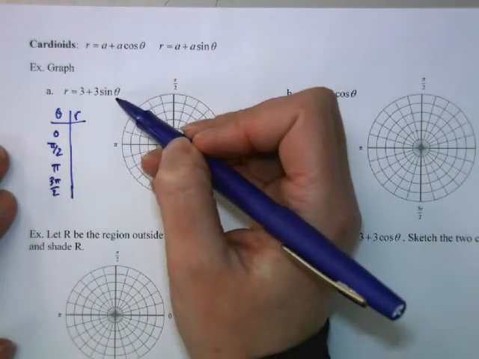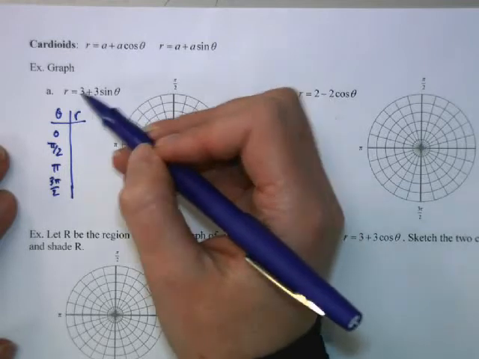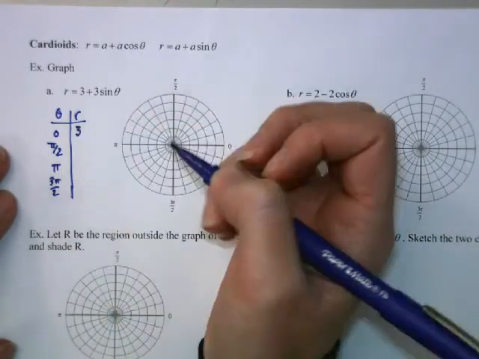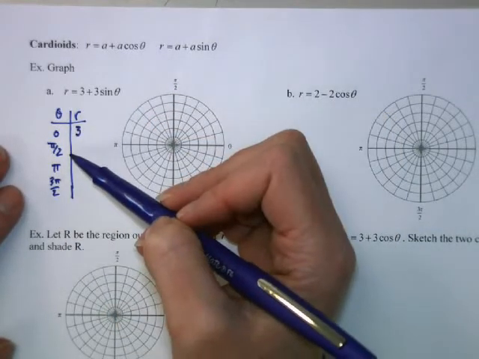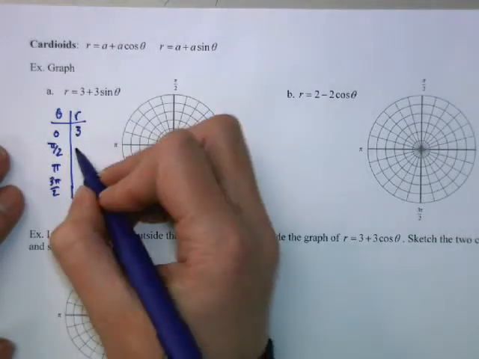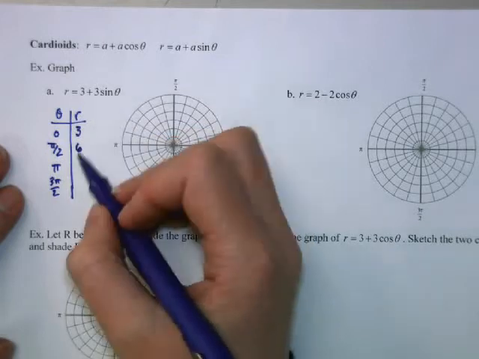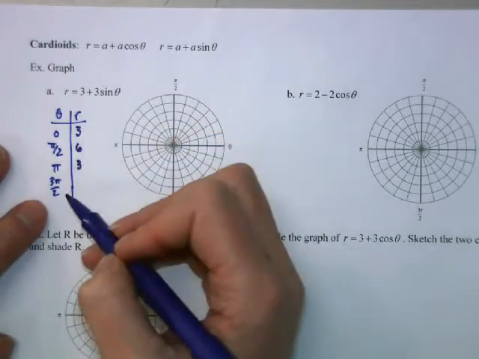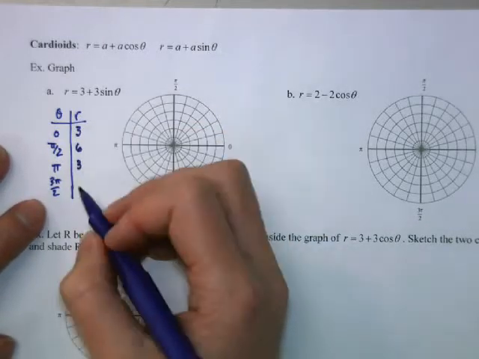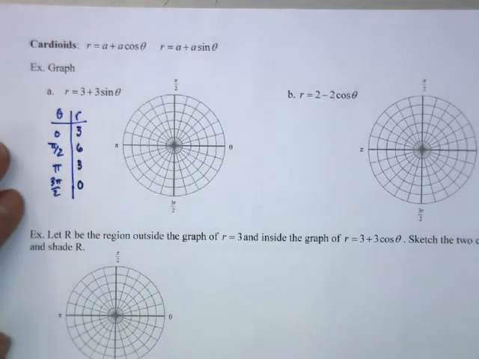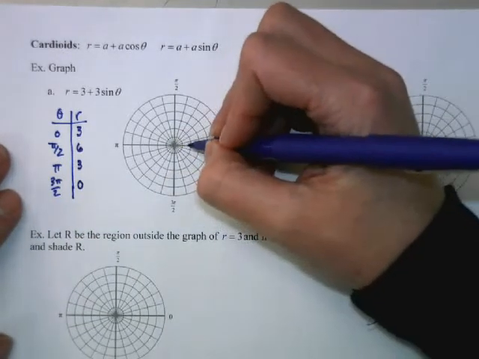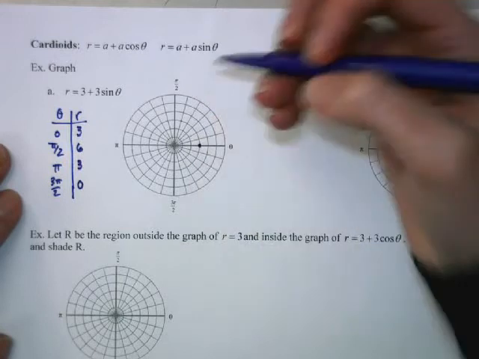Sine of 0 is 0. So 3 times 0 is 0, plus 3 gives me 3. Sine of pi over 2 is 1. So this is going to be 3 plus 3, which gives me 6. Sine of pi is 0. So we get 3. And 3 pi over 2 is negative 1. So we get 0. So at 0, we're at 1, 2, 3.